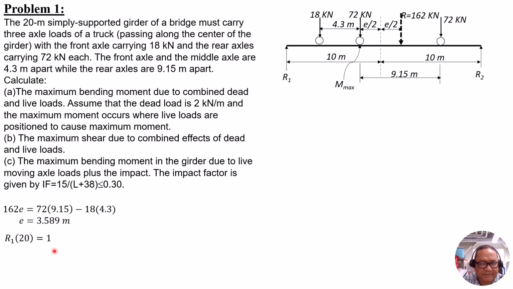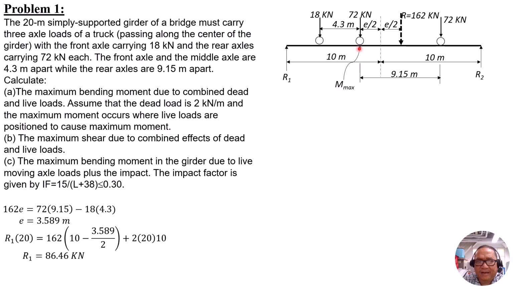So R1 times 20 equals 162 times 10 minus 3.589 over 2. The distance of R from the right, R due to the live loads, then plus the moment of the dead load, which is 2 kilonewtons per meter times 20, then times 10. Solving for R1 is 86.46 kilonewtons.